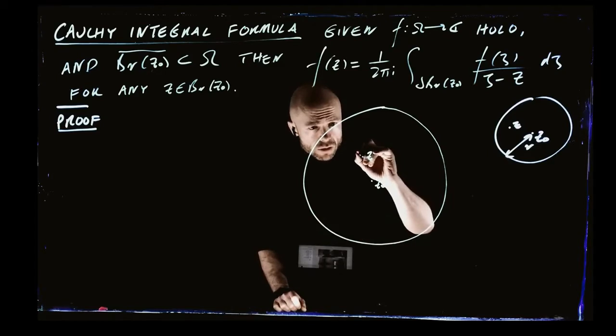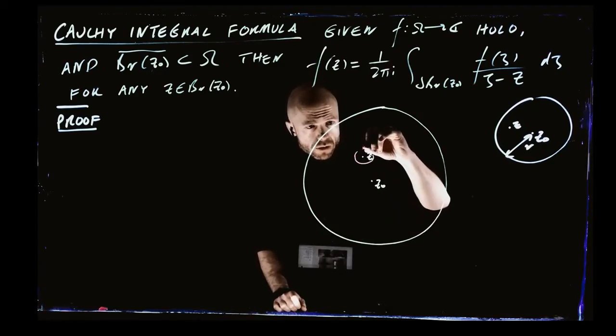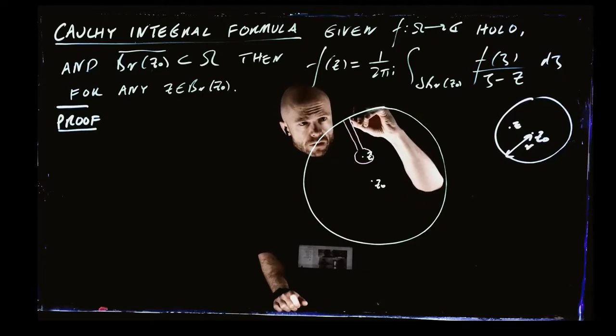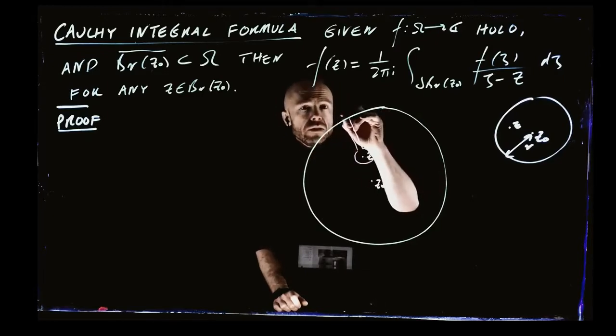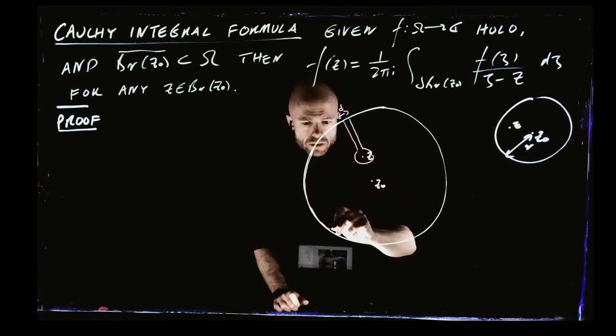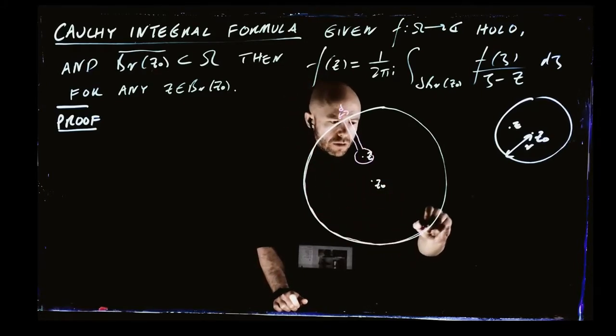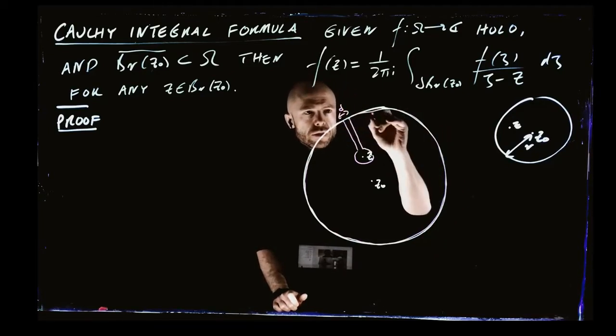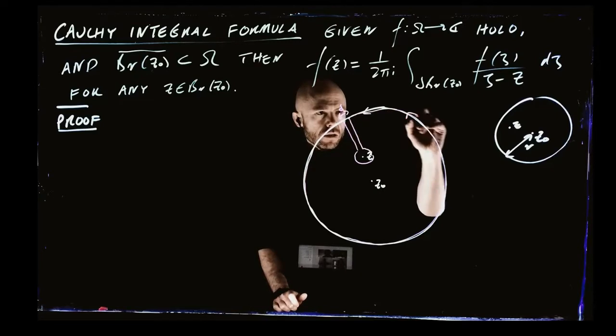We're going to put a little circle around here of some small radius, and then we're going to go up like this and up like this. Okay, and we're going to let this thing be delta. Okay, and then we're going to go around like this. So this is our keyhole contour.